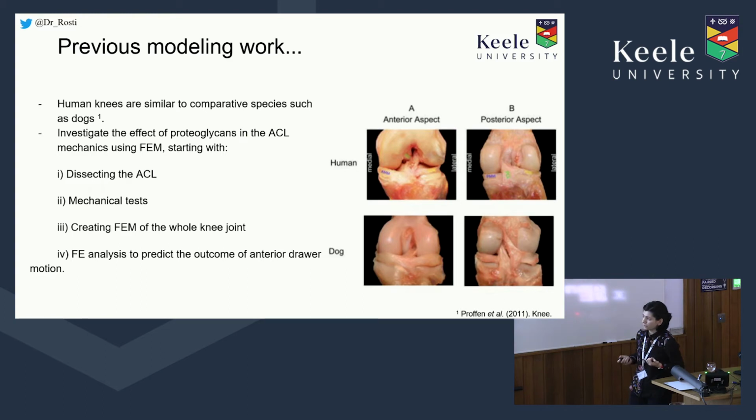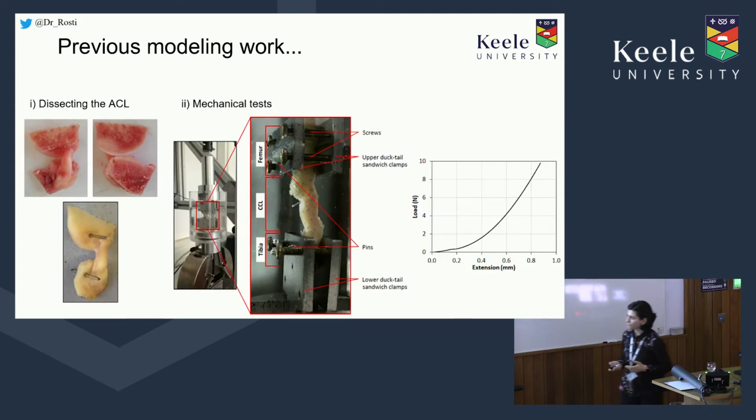After collecting the ACL, I carried out a mechanical test on them, and then created a finite element model of the joint, then carried out analysis to tell me how this protein affected the overall behavior of the joint. So this is how a dissected ACL looks.